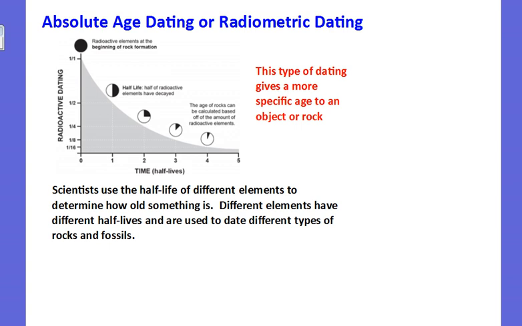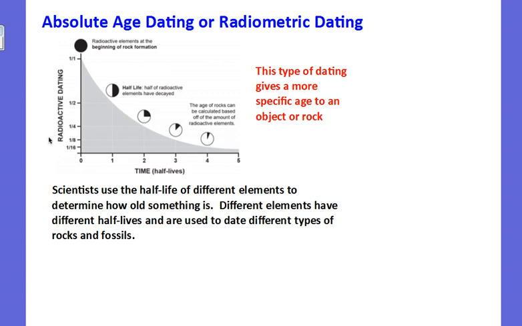Absolute dating, radiometric dating. We didn't really go into much detail about this, but if you're just to explain a little bit what it means, if you've ever heard of half-life, radioactivity, radioactive elements, they break down at a certain speed or a certain rate or a certain period of time, and scientists know that.